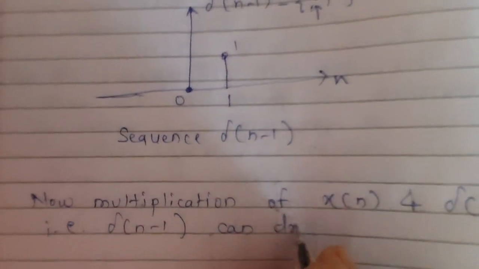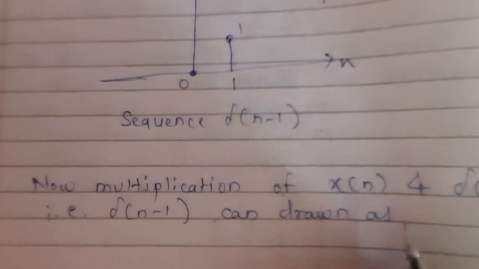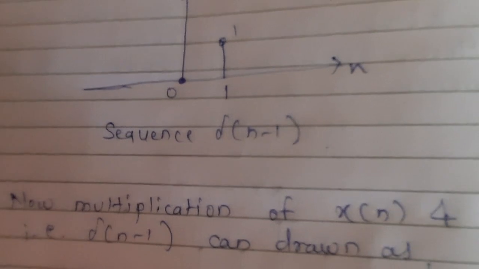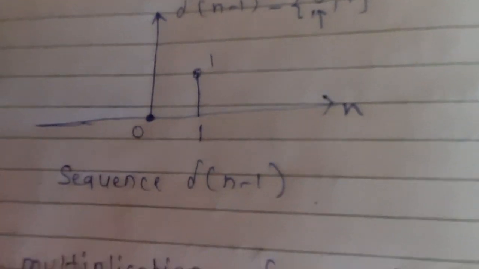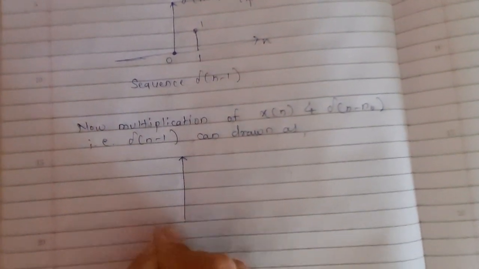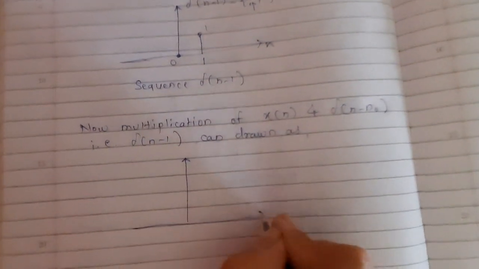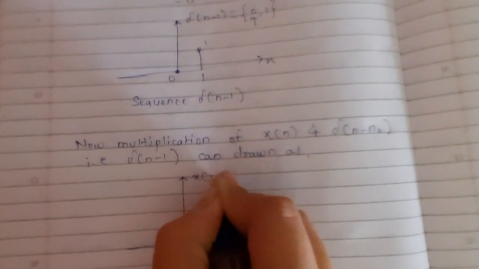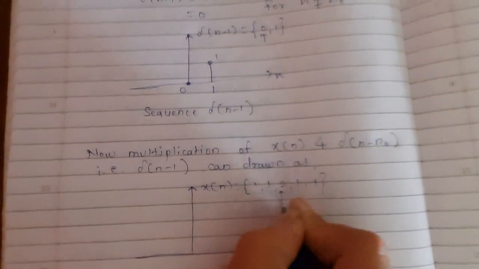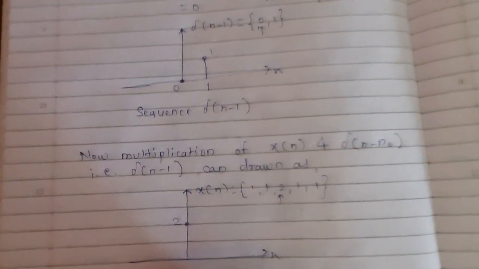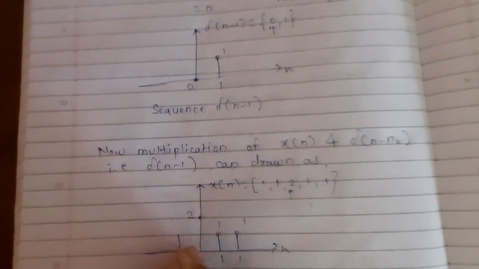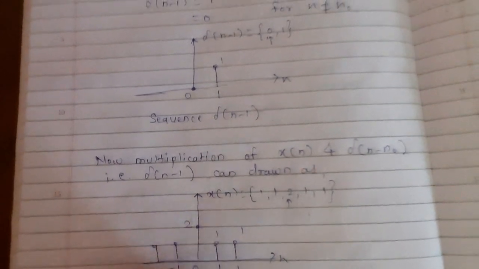It can be drawn as x of n: this is n, this is x of n, 1 1 2 1 1, so this is 2 for 0, this one is 1, this is for minus 1.